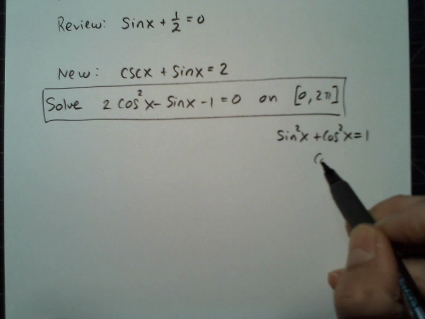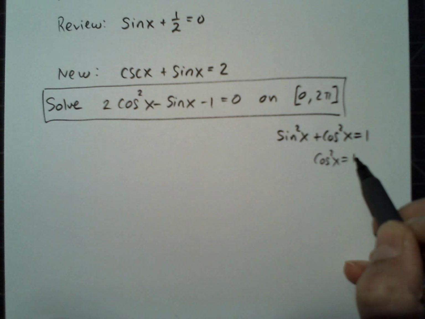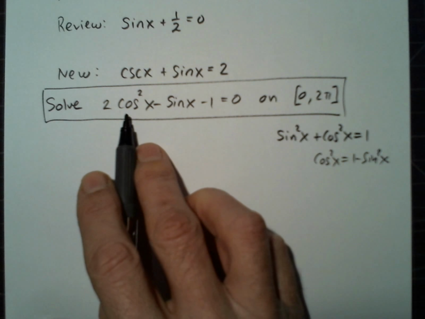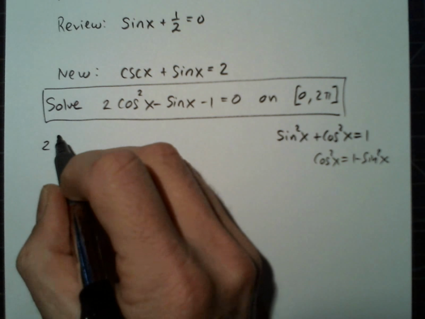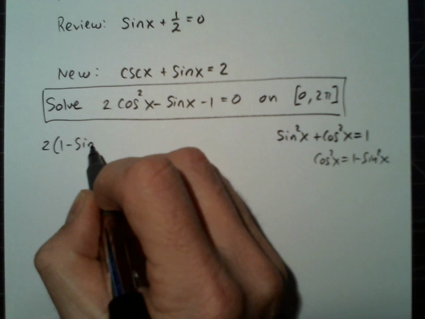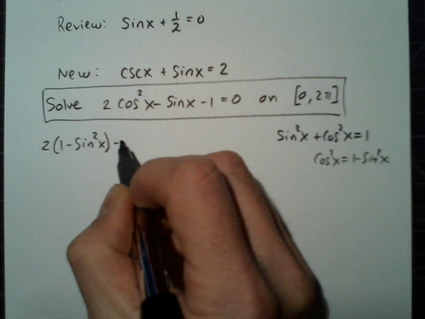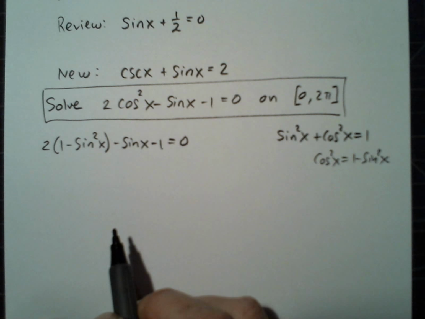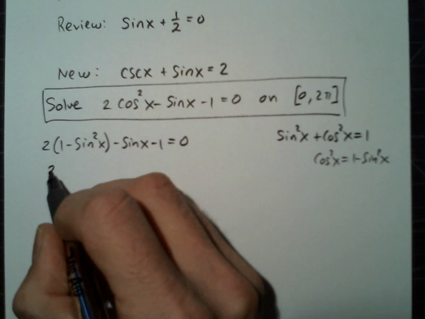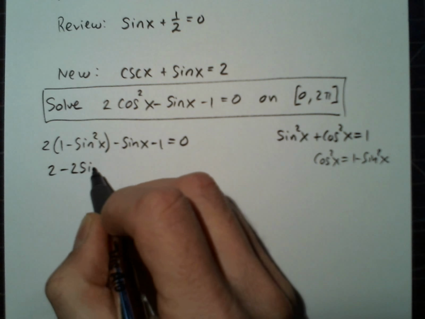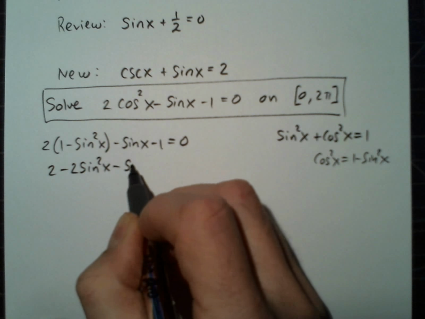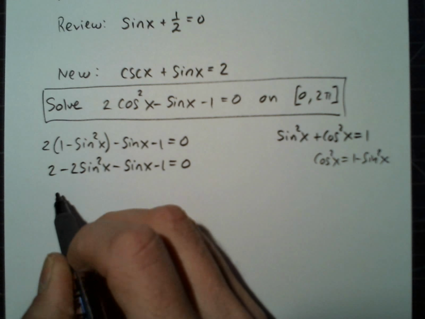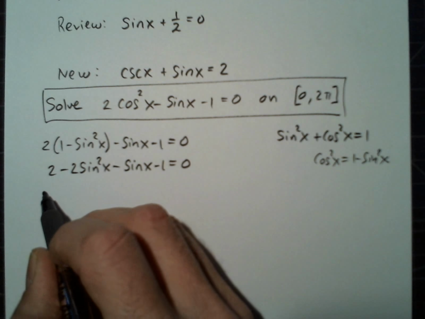We know that cosine squared is 1 minus sine squared, so this will be 1 minus sine squared. Distribute. Combine the 2 and the negative 1.